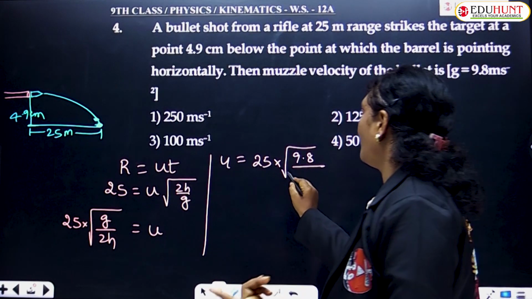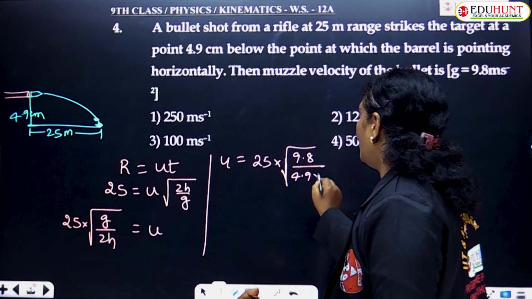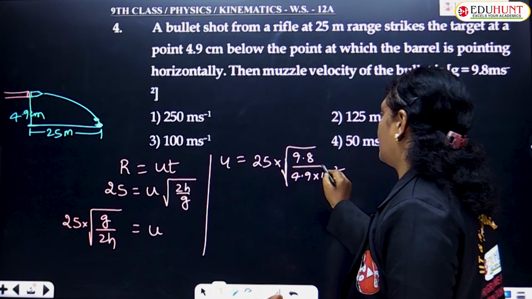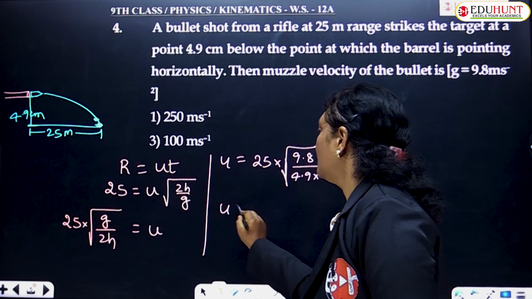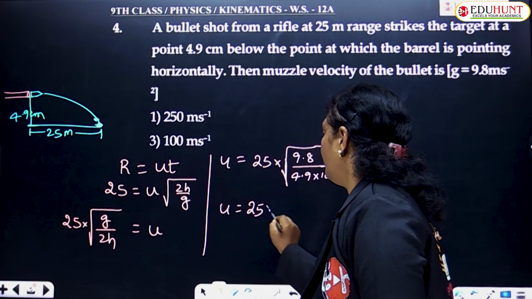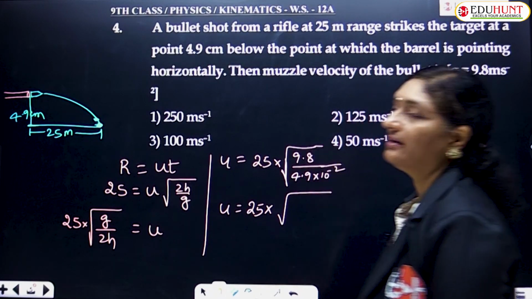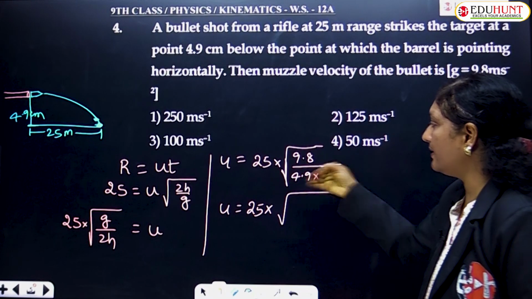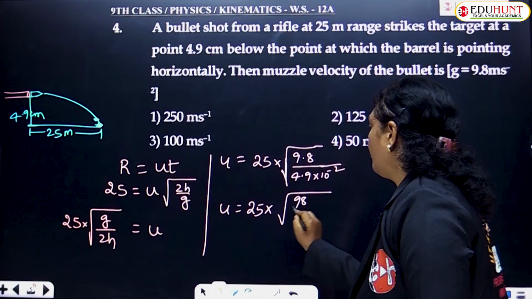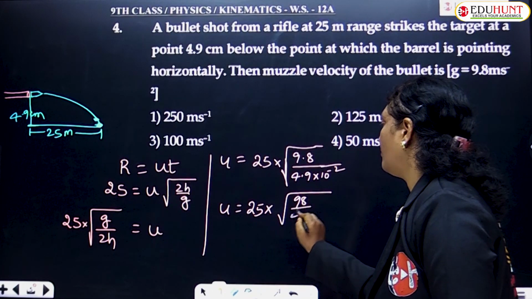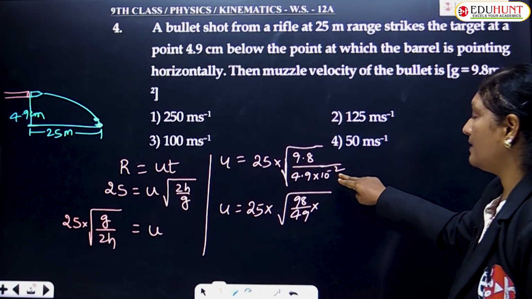If you convert 4.9 centimeters into meters, it must be 4.9 into 10 power minus 2 meters. So solving this, we get the value of U as 25 into root over 9.8, multiplying and dividing with 10 both numerator and denominator. 9.8 into 10 will become 98. 4.9 into 10 will become 49 into 10 power minus 2.